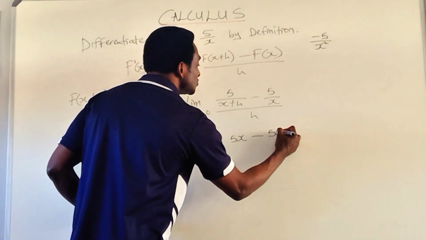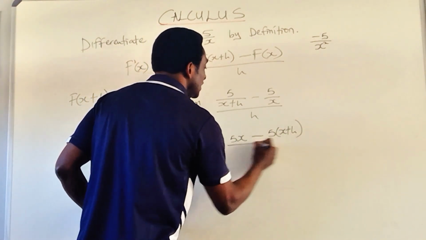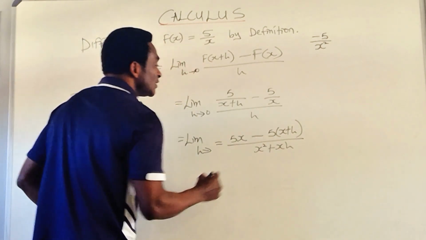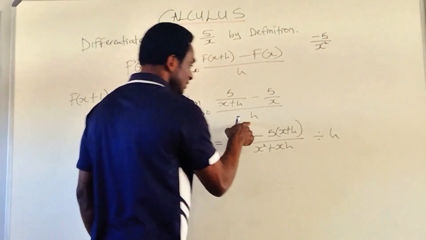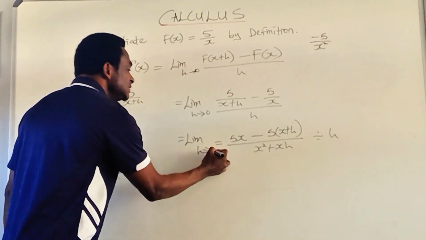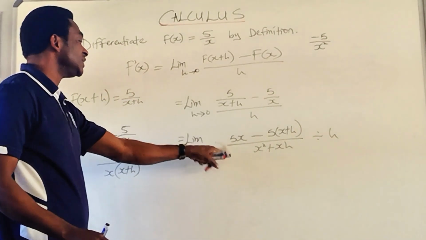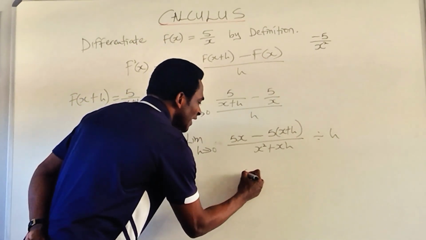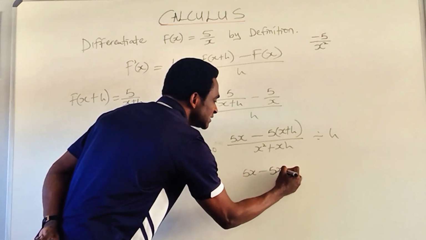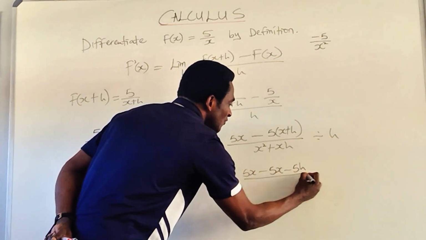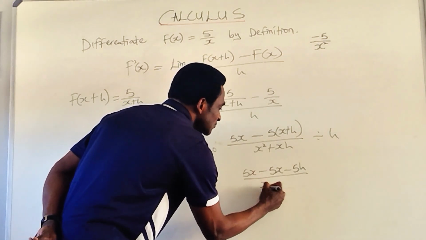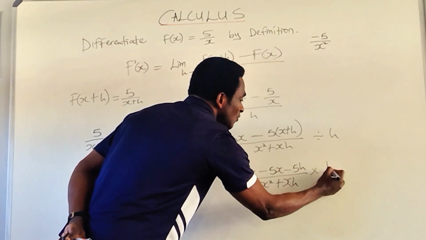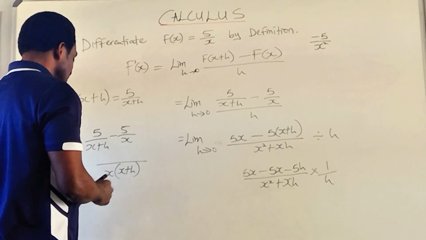So we have 5x minus x plus h, and our denominator is x squared plus xh, and that is the limit of that function as h tends to 0. So let's simplify. This will give us 5x minus 5x minus 5h all over x squared plus xh, times 1 over h. Let's complete this here.